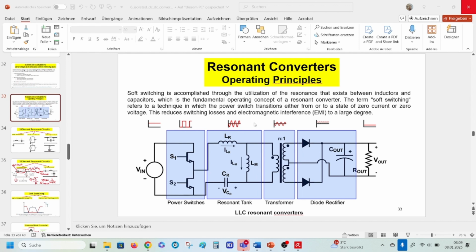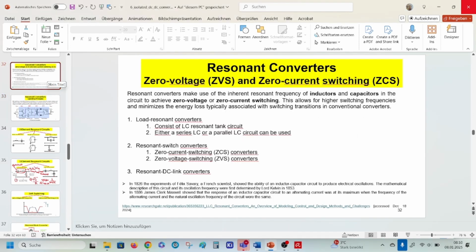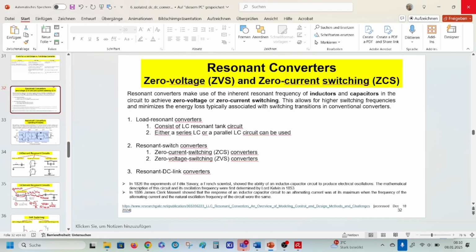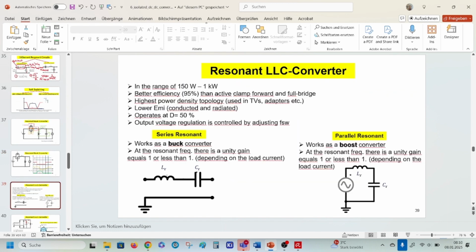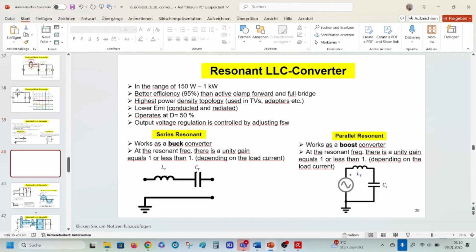Why not? LLC means we have two inductive and one capacitive component. If I copy this again, yeah, maybe it's better now on the slide.